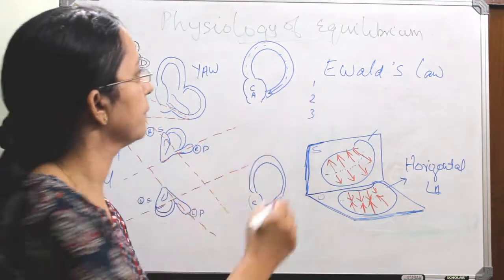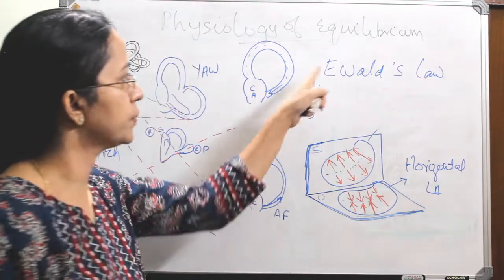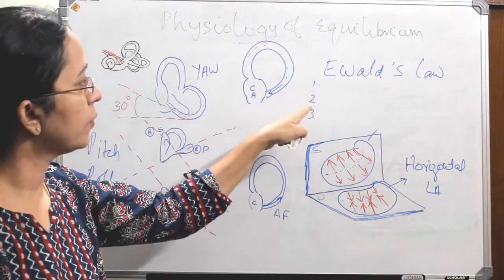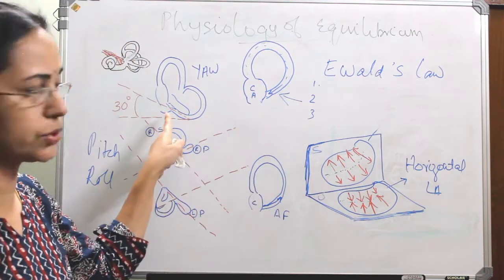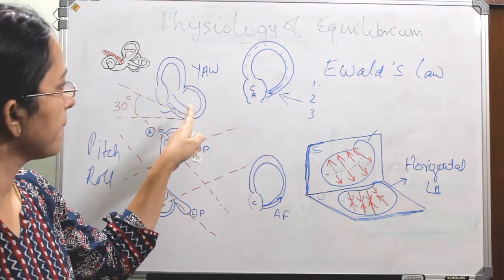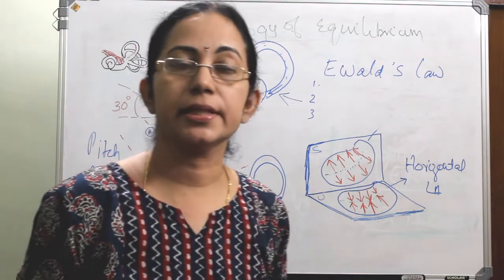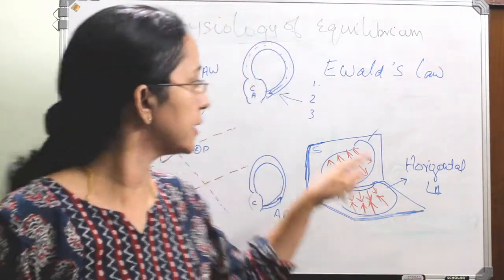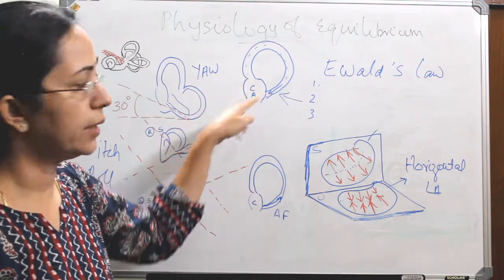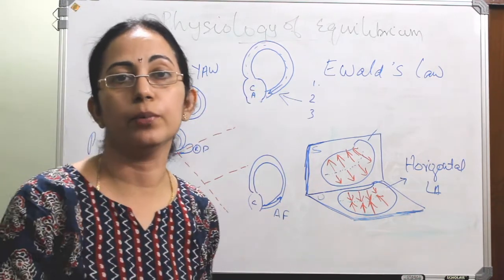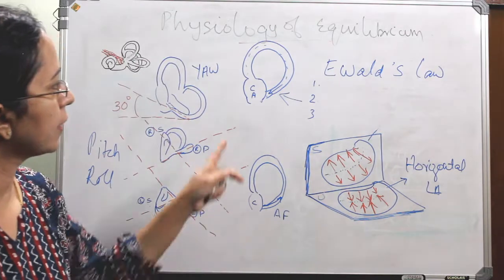That is observation number 1. And what is observation number 2? That is, in the horizontal canal, the greater excitation happens when there is ampullopetal movement of the endolymph rather than ampullofugal. Okay.